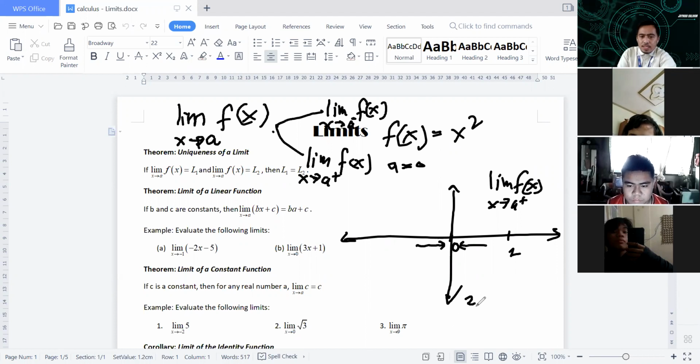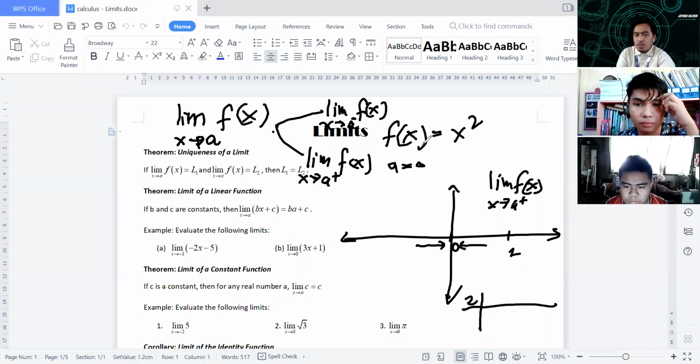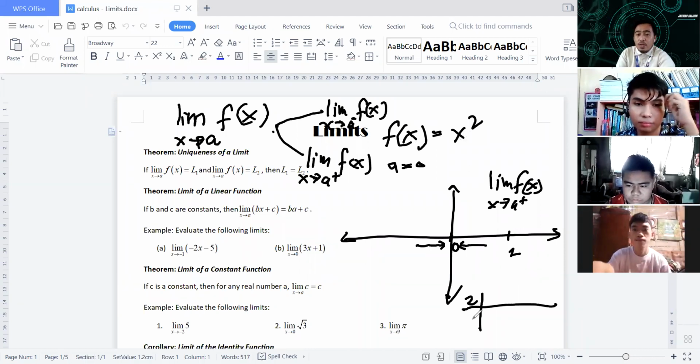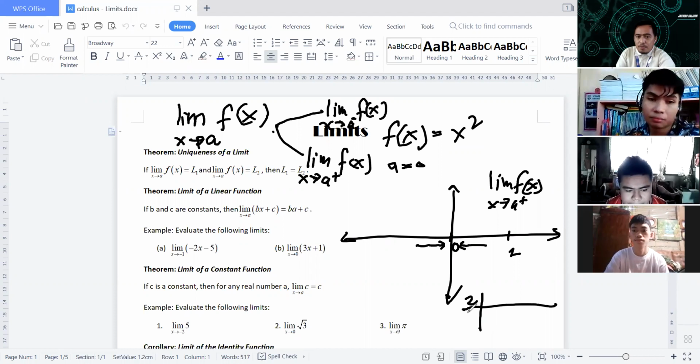Class, if your x is 2, what is your f of x? Substitute 2 in your function. 4, sir. Yes, evaluation of function from your general mathematics. Your answer there will be 4 because your given function is x squared.